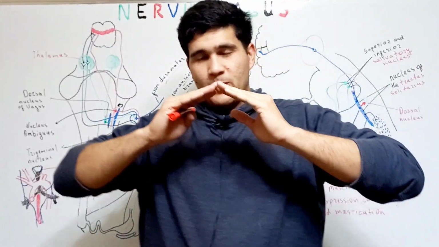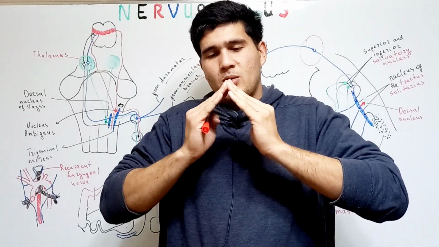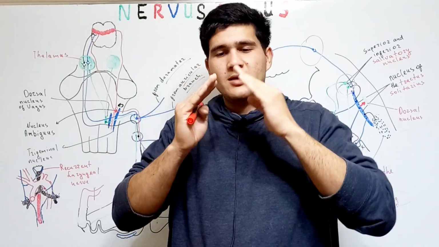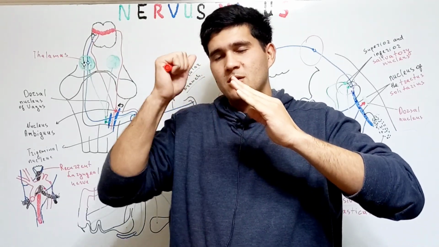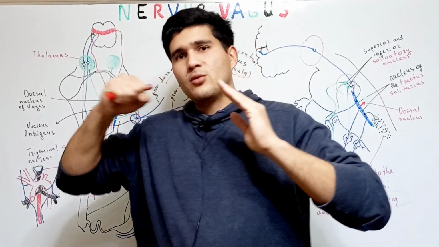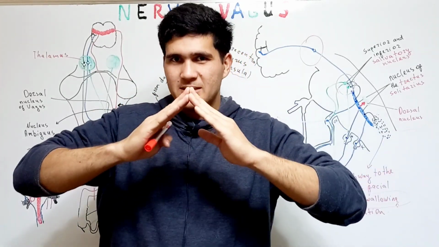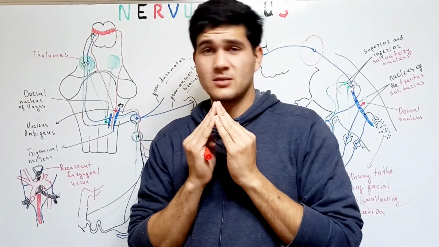In the soft palate, the tensor veli will lose its tension shape, and the normal side of the tensor veli will pull, and there is an asymmetric shape of the soft palate.